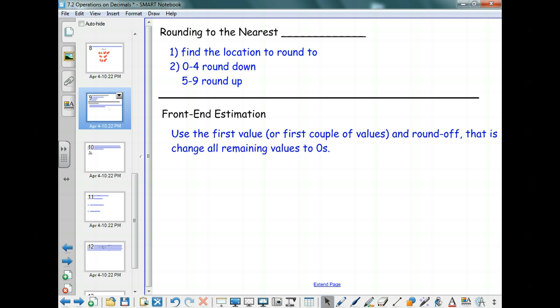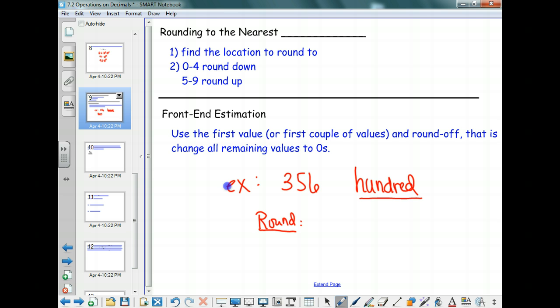So for instance, if we have the number 356 and we're rounding to the nearest 100, rounding tells me what would this become? 400. Front-end estimation takes the first number, hundreds place, writes it down, and turns everything else into zeros.